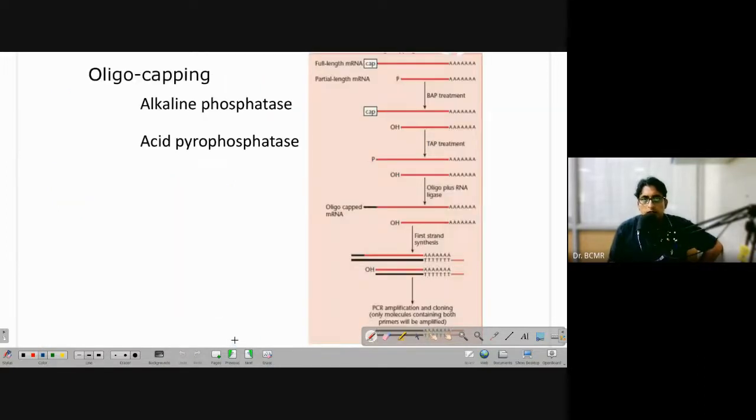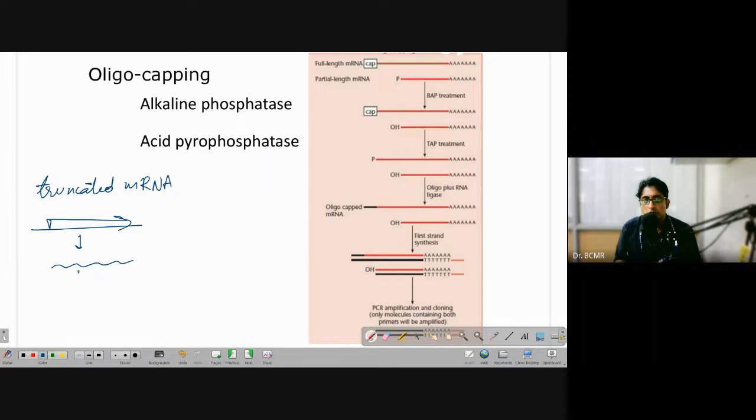so here is another protocol. This protocol is to eliminate truncated mRNAs. If you remember, mRNA are produced by gene transcription, there is splicing of exons, and then mature mRNA.